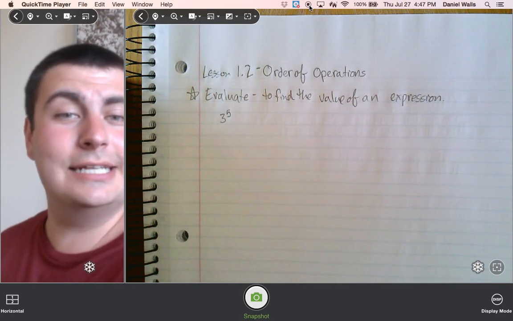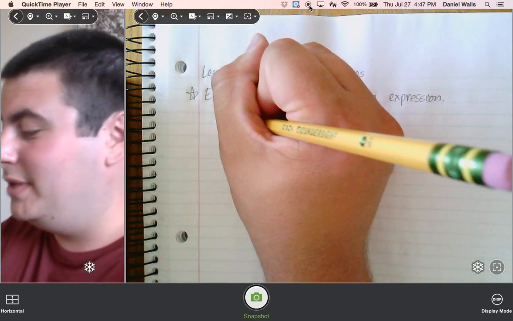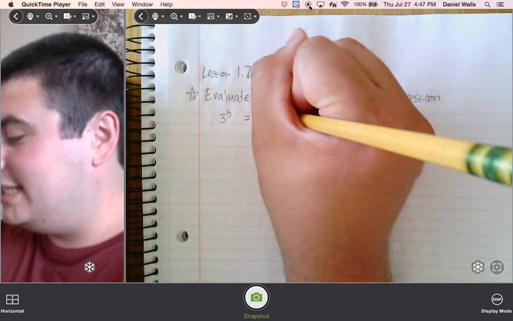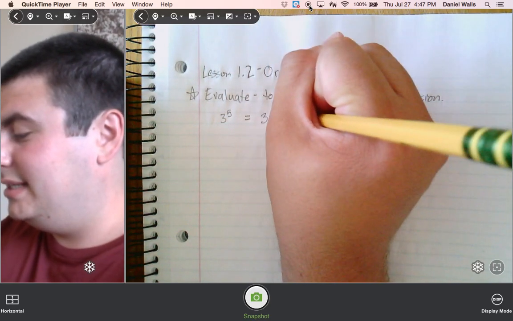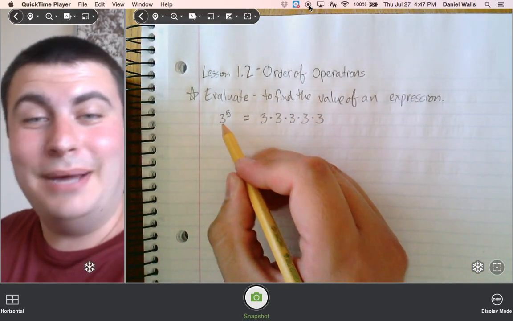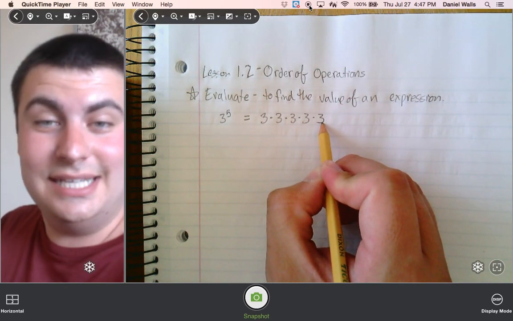we remember that an exponent tells us how many times to use the base as a factor in multiplication. So this 3 to the 5th tells us that we're going to do 3 times 3 times 3 times 3 times 3. We're going to multiply 3 by itself for a total of 1, 2, 3, 4, 5 3's as factors.